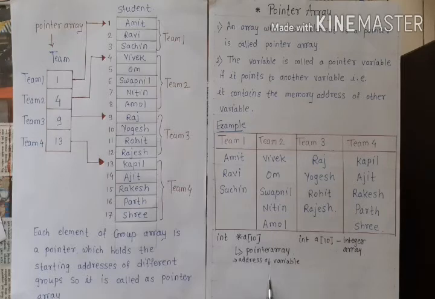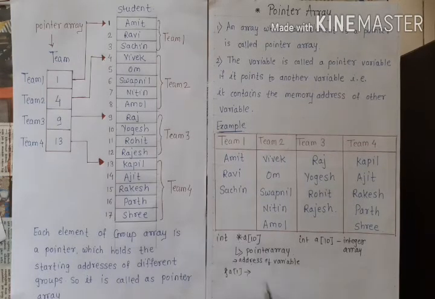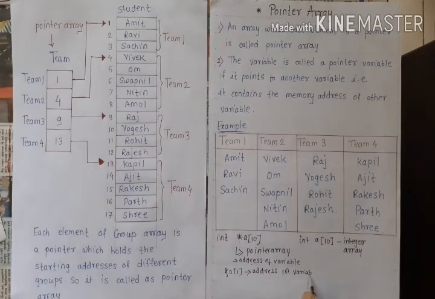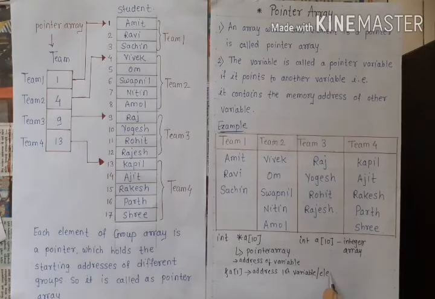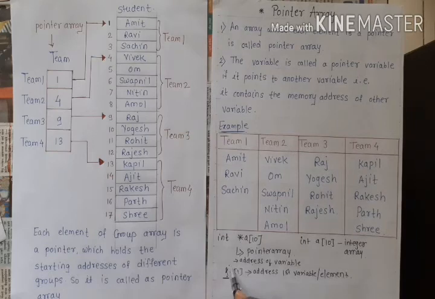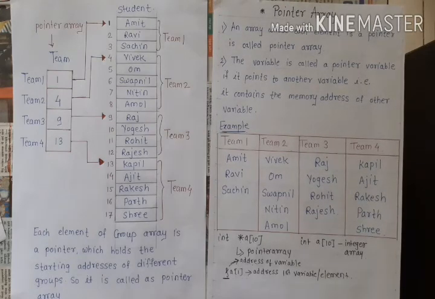And what is the address of a variable? Suppose I want to display ampersand a of 1, then it gives the address of the first variable or first element. The ampersand sign indicates the address of that element or variable.